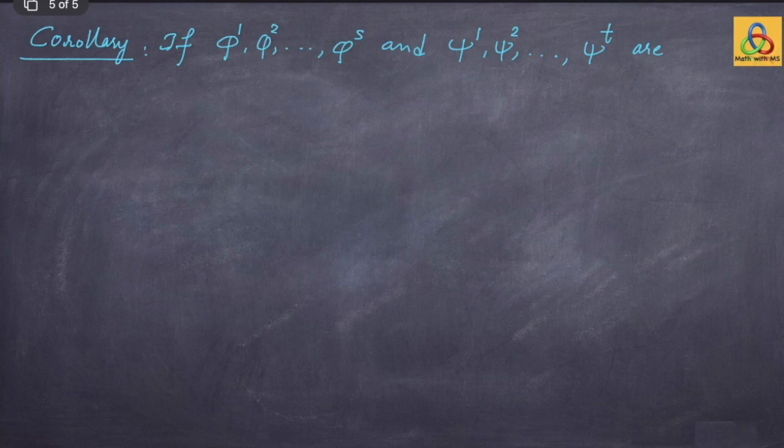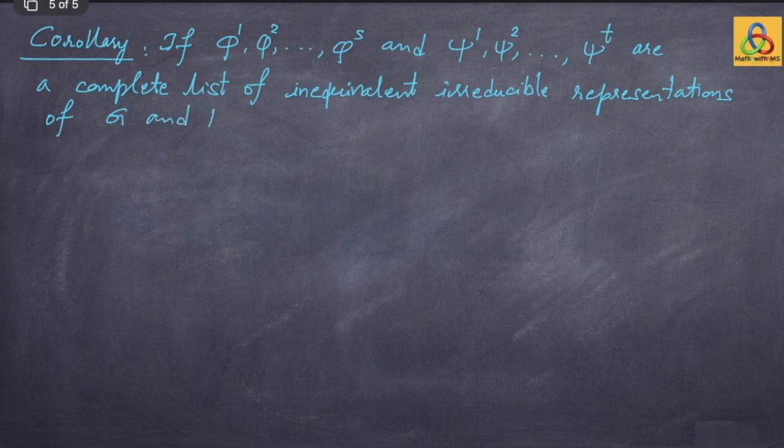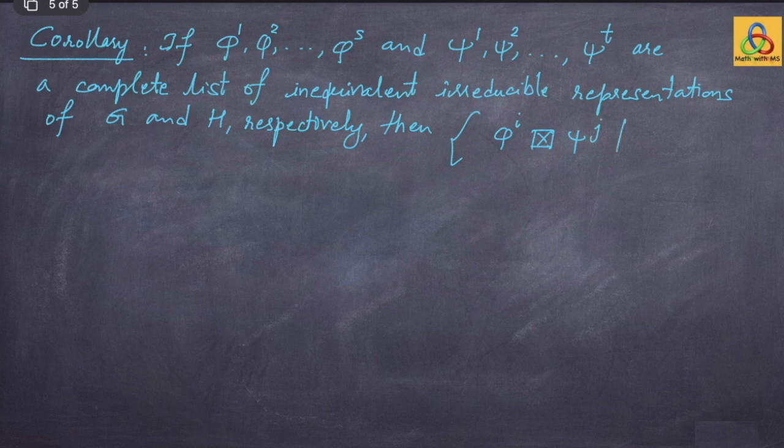Let us write an interesting consequence of the preceding observation. So if phi 1, phi 2, and so on up to phi s, and psi 1, psi 2, and so on up to psi t, are complete lists of inequivalent irreducible representations of two groups G and H respectively, then look at this set: phi i exterior tensor psi j, where of course i varies from 1 to s and j varies from 1 to t.